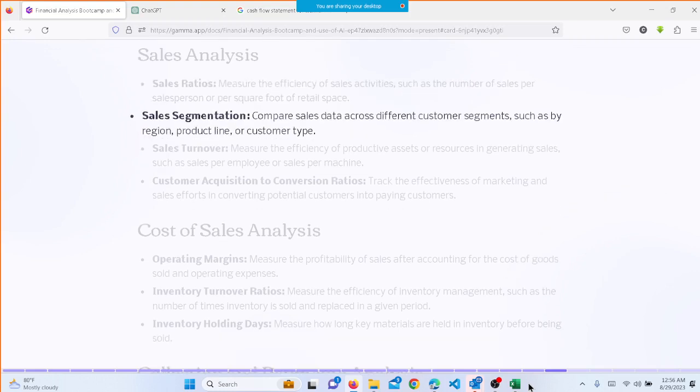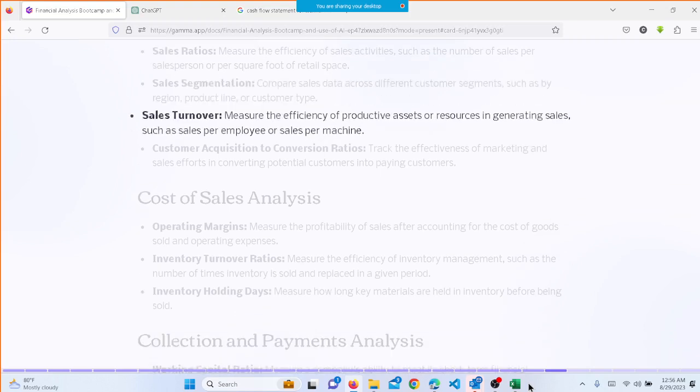Management reports usually are filled up with all that information by customer type, product, region, room types, every piece of information which can help the management to understand the sales in much deeper detail.